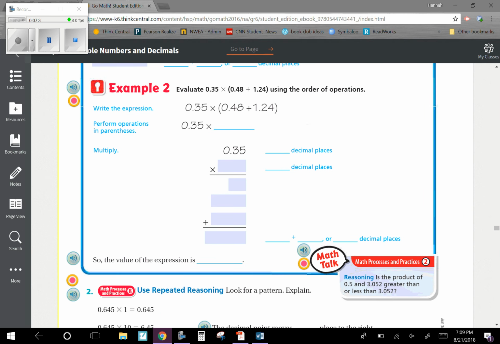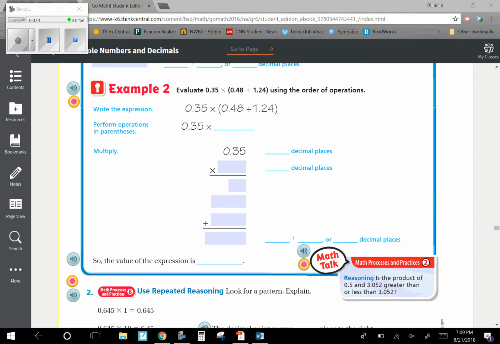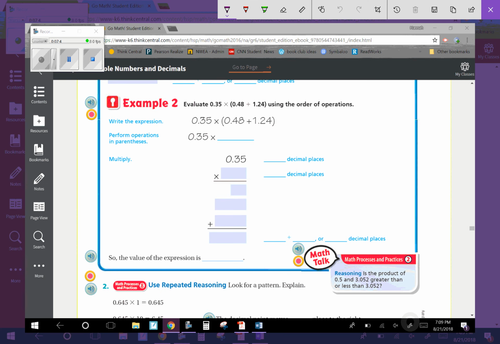Let's look at example 2. Example 2 says evaluate 35 hundredths times 48 hundredths plus 1 and 24 hundredths using the order of operations. So we write the expression. Then we're going to perform the operation in parentheses. So we're going to do this first.